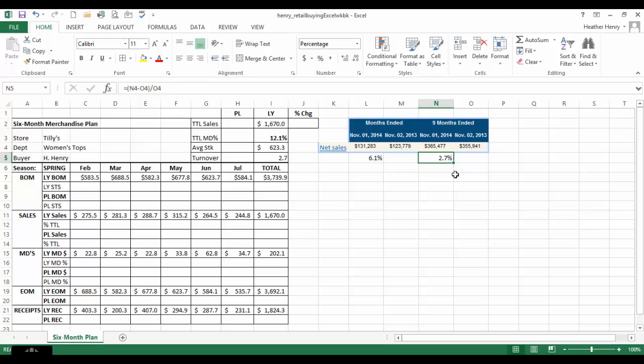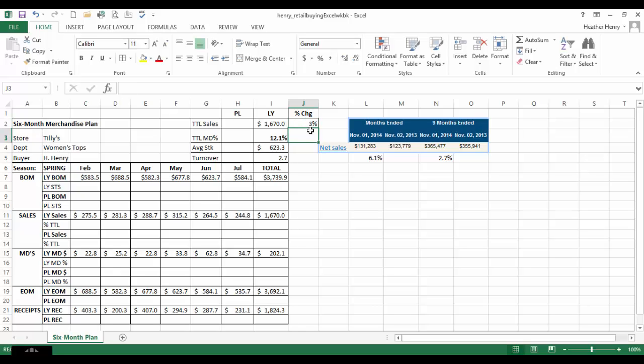So I'm going to say that since we saw a pickup in our back-to-school season within quarter 3, since we saw the 6.1% sales increase, I'm going to project a 3% sales increase over last year.